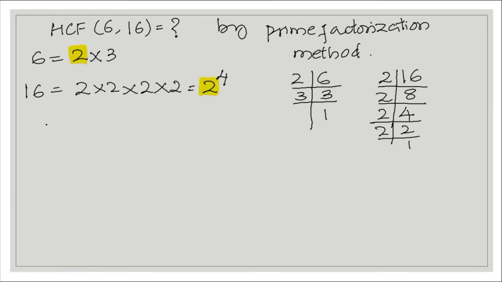So the highest common factor of 6 and 16 will become 2 raised to the power 1, nothing but 2. Why did I write here 1? The reason is 2 is the same as 2 raised to the power 1.